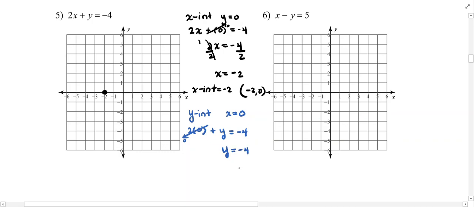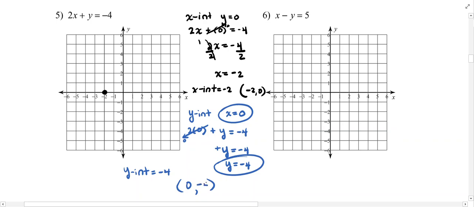Now we're not going to change the signs because this y is already positive. That's all we care about. So the y-intercept is negative 4. And if I write this as an ordered pair, the x value is 0 and the y value is negative 4. So if I plot this point, we'll go here.